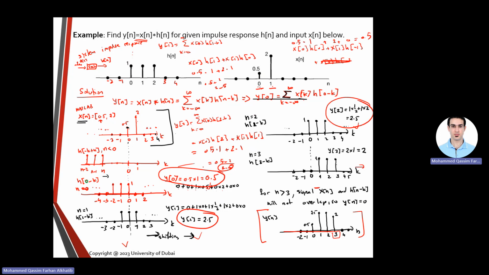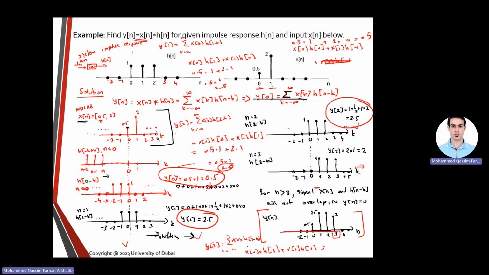Now, the last point is for y of 3. Equals summation k equals negative infinity to infinity, x of k, h of 3 minus k. So I will have x of 0, h of 3 minus 0, plus x of 1, h of 3 minus 1, that is 2, right?